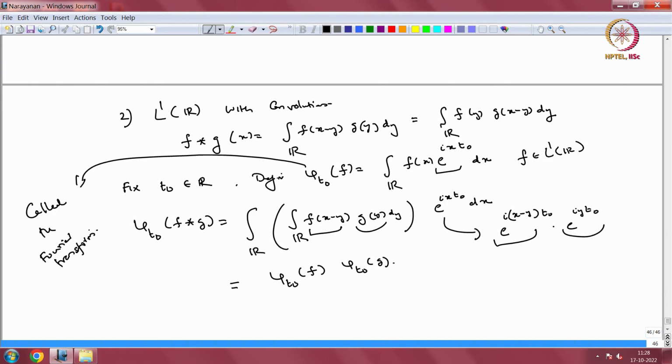But remember L1 of R is a Banach algebra without identity, so no identity, but a multiplicative linear functional still makes sense, because you just want multiplication to be preserved, that is all. Even though I defined multiplicative linear functionals only for commutative Banach algebras, having an identity is not necessary in that definition. All right.